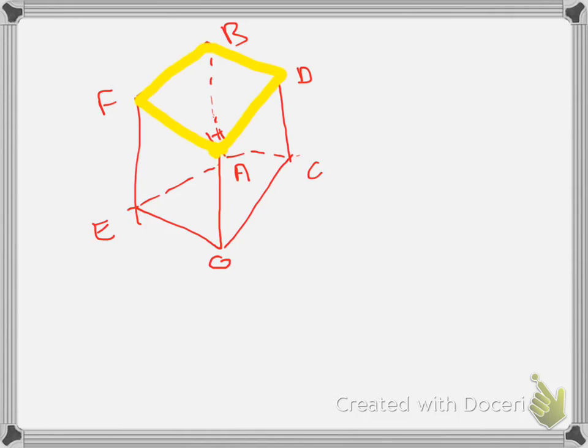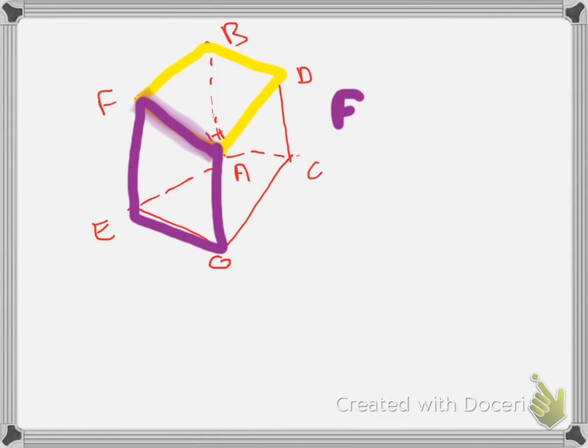Well, HF is this edge right here in the front that I've just put in there. And the plane that contains that would be FHGE. So you want to look at the letters FHGE and choose any three of those letters. Any three from that list will answer number 38.